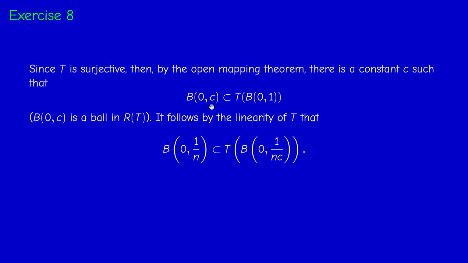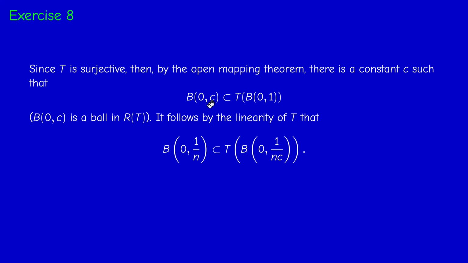Same thing: you can divide by c first, so the ball B01 is contained in T of B01 over c. Or if you don't believe me, you can take an element here and prove that it's here. If you take an element z with norm of z less than 1 over n, then n z c is less than c, so it's here.